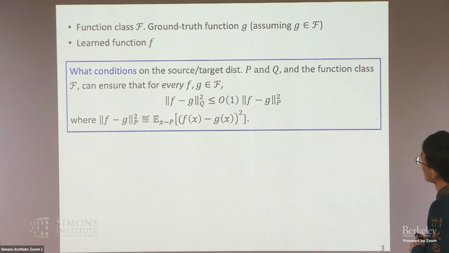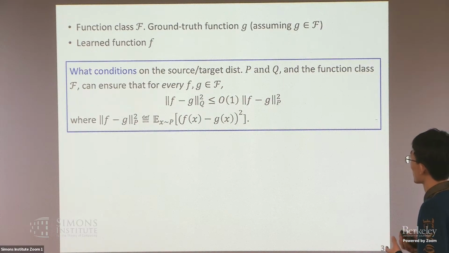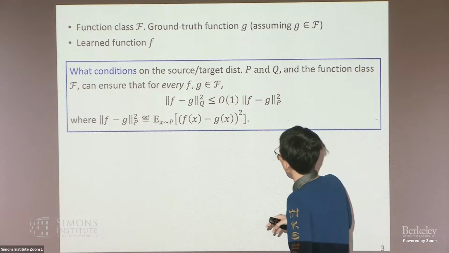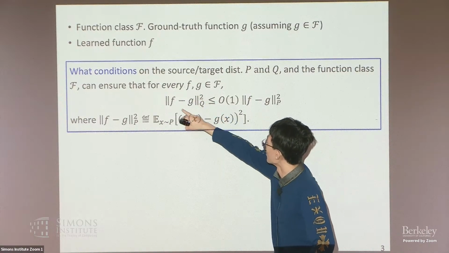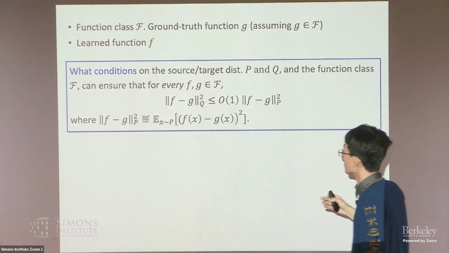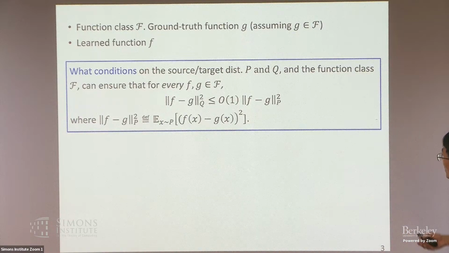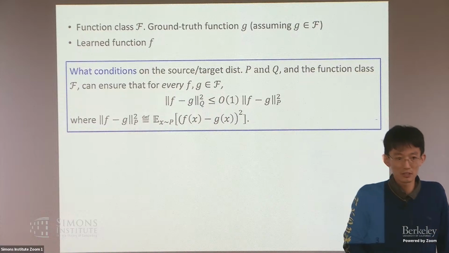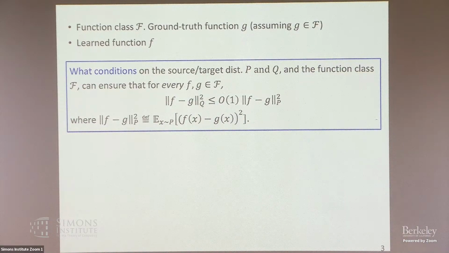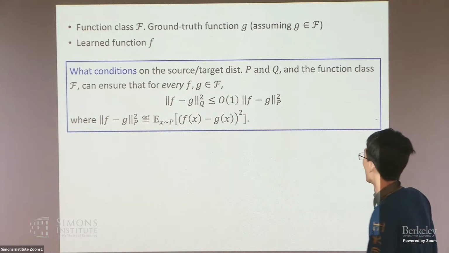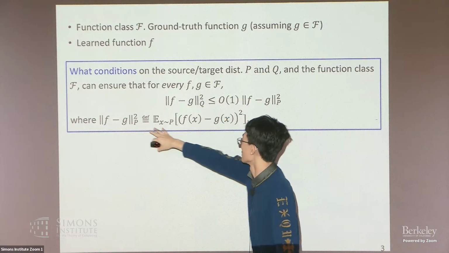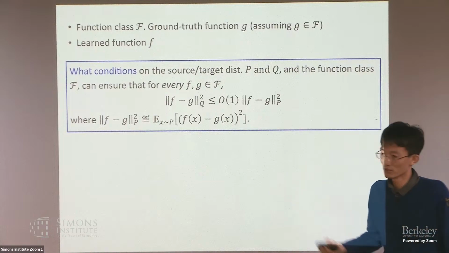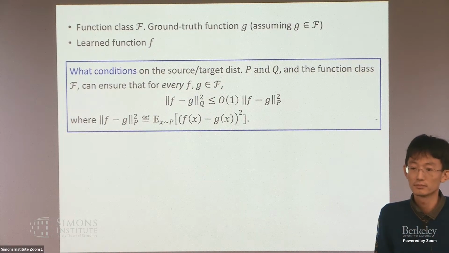The question is, what conditions on P, Q, and the function class F ensure that for every f and g, if you get a small error on P, that translates to a small error on Q? For example, you train on P, you get L2 error guarantees on P, and you want that to translate to an L2 guarantee on distribution Q. Here the norm is just the average error on P and Q.